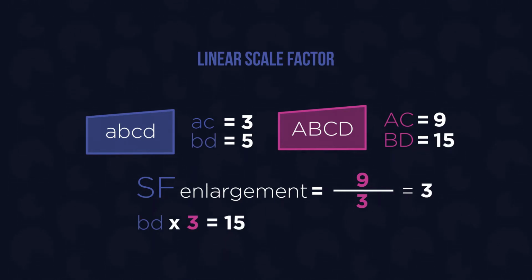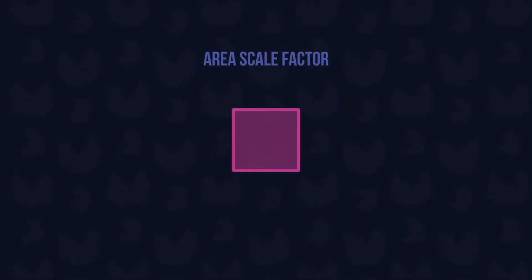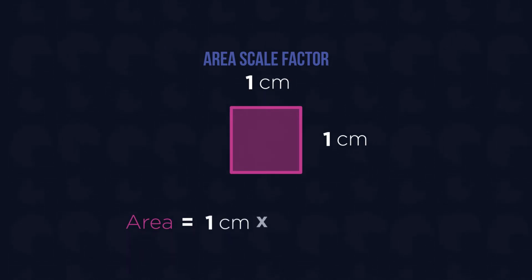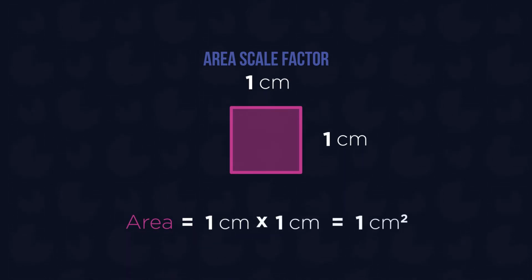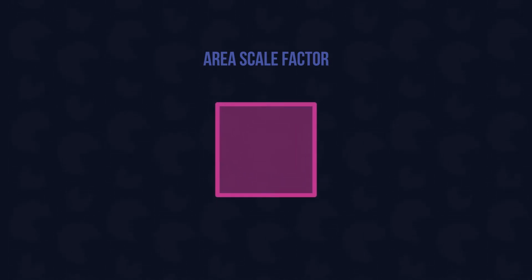The next scale factor we will take a look at is area scale factor. Suppose we have a simple square shape with edges that are 1 centimeter long. The area of this square is 1 centimeter times 1 centimeter, so 1 centimeter squared. But what happens if the shape is enlarged? If we enlarge the shape, as we did in the first example, by a scale factor of 2, each of our edges will now be 2 centimeters.